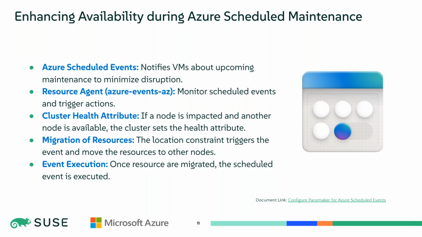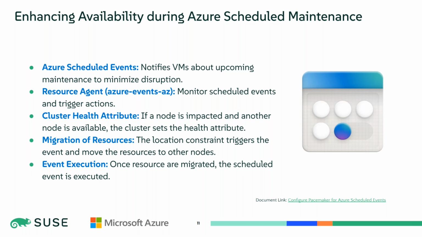If I want to highlight the sequence of events that usually goes in place when there is an issue on the host: Azure detects a potential issue with the host and generates a scheduled events notification.